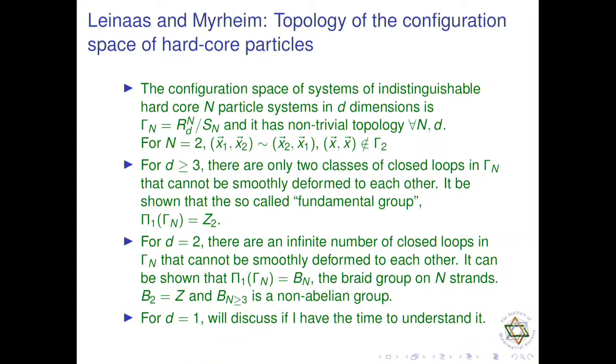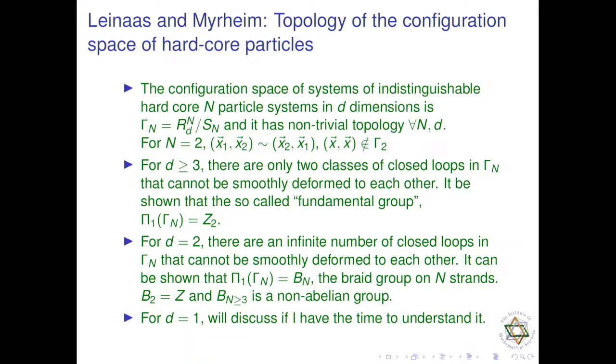Now, this configuration space has a non-trivial topology. In particular, it has a non-trivial fundamental group, the pi 1 group. Now, for d equal to 3, there are only two classes of closed loops in the configuration space. And so the fundamental group is Z2, and the two one-dimensional representations realize the fermions and the bosons. For d equal to 2, there are an infinite number of closed loops which cannot be smoothly deformed into each other.